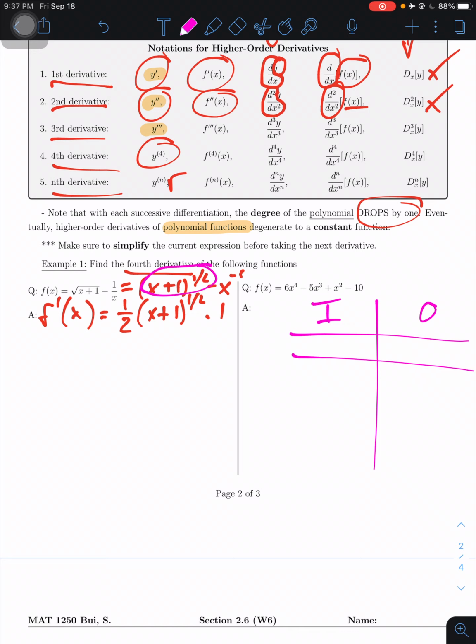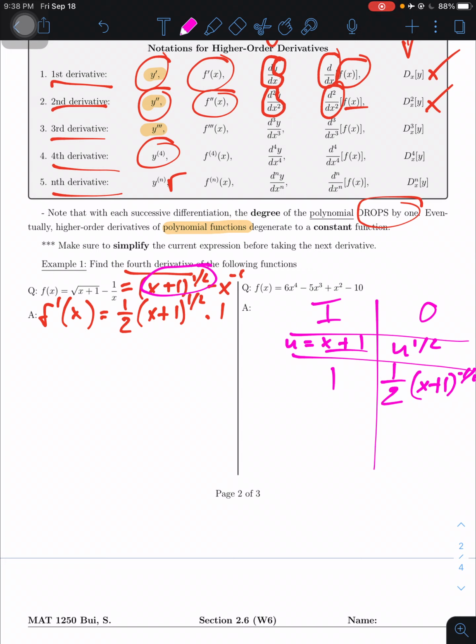For the inside, we get u equals x + 1, and for the outside, we get u to the 1/2, right? From there, we take the derivative of the left-hand side, which is 1, and the derivative of the right-hand side, which is 1/2 times u to the negative 1/2. And u is x + 1, right?